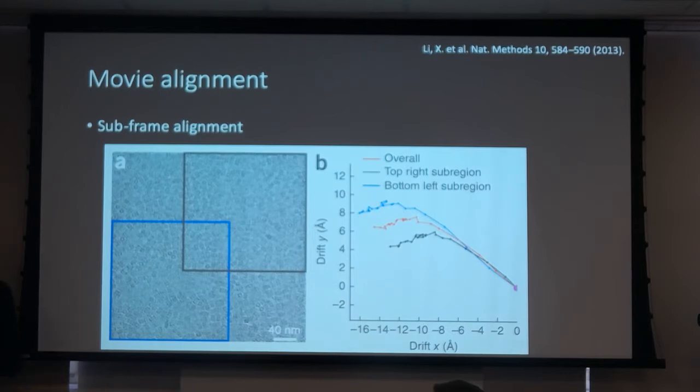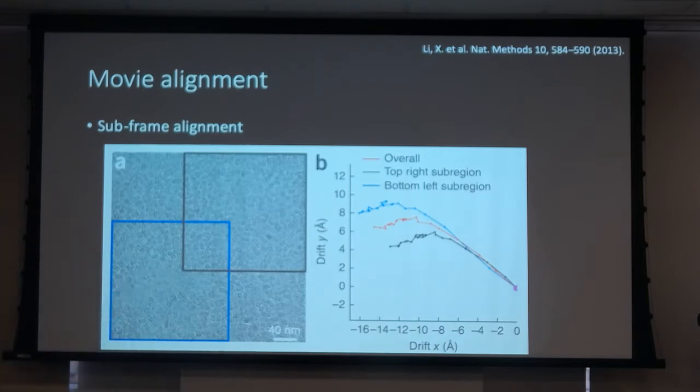subframe alignment, something that I don't remember if it was carried by the first MotionCor algorithm that this paper was describing, I think it might not have been, but is now carried by the latest version, MotionCor2, where you basically make patches.